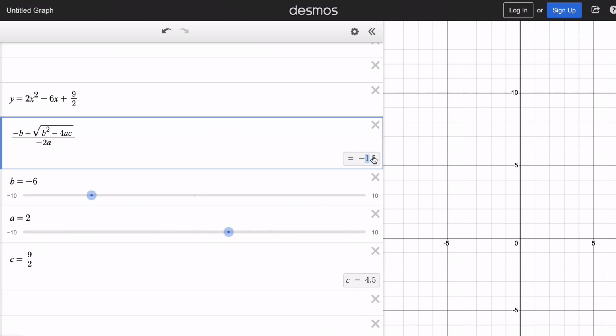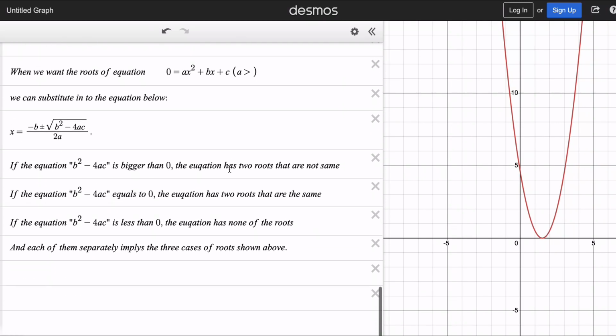You can get one of the roots is -1.5 and another root is also -1.5, and therefore this equation has a repeated root, but its vertex exactly just touches the x-axis, not passing through it. And therefore, these are the answers for the second question.